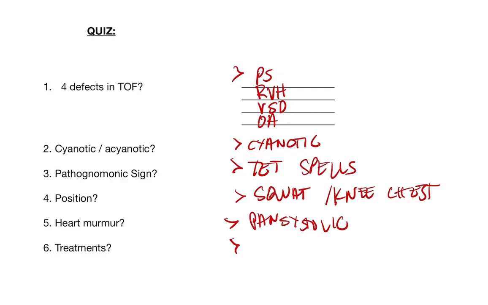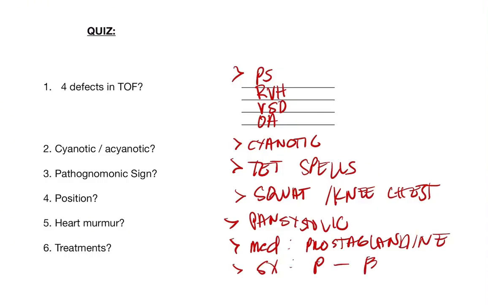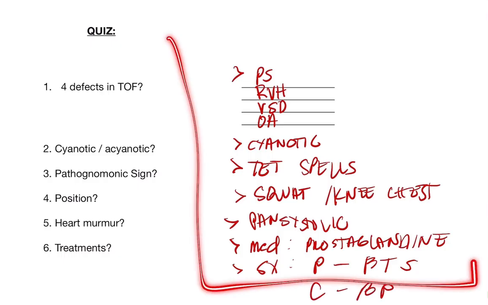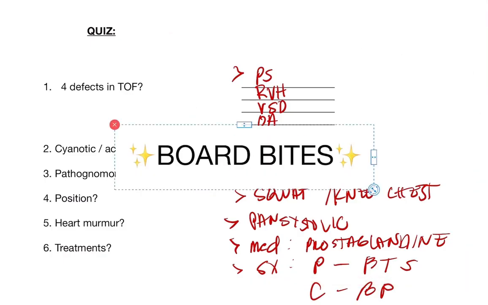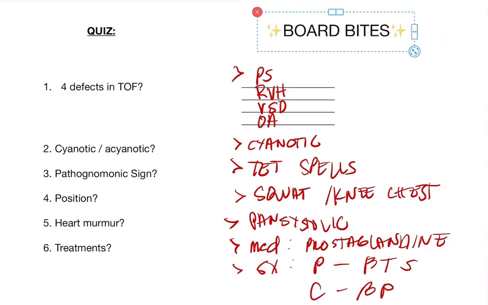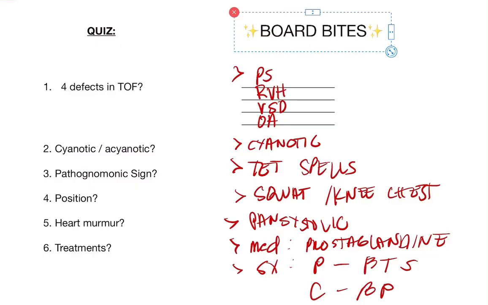It can be medication, which is the prostaglandin E, and it can be surgery, palliative, Blalock-Taussig shunt. And we also have the curative, which is the Brock's procedure. This is all you have to remember and memorize, so these are your board guides.